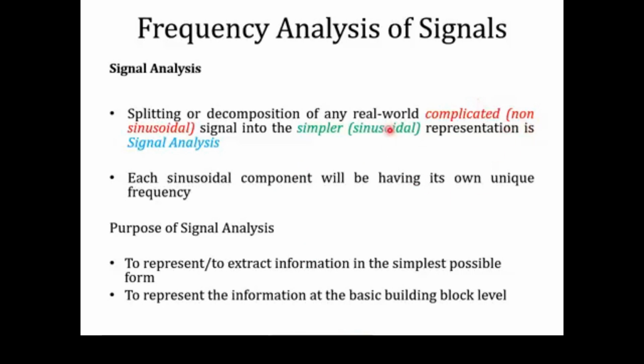This is the first main objective. And the other main objective is we have to find their contributions. Or in other words, we have to find the exact quantity or proportion or the contribution of a given sinusoidal signal in a non-sinusoidal signal. So this is the main objective of signal analysis.